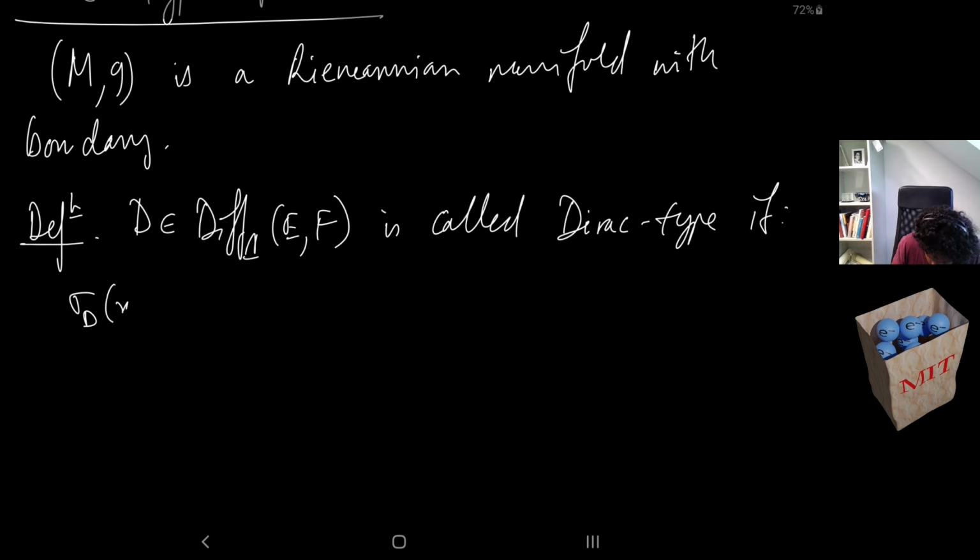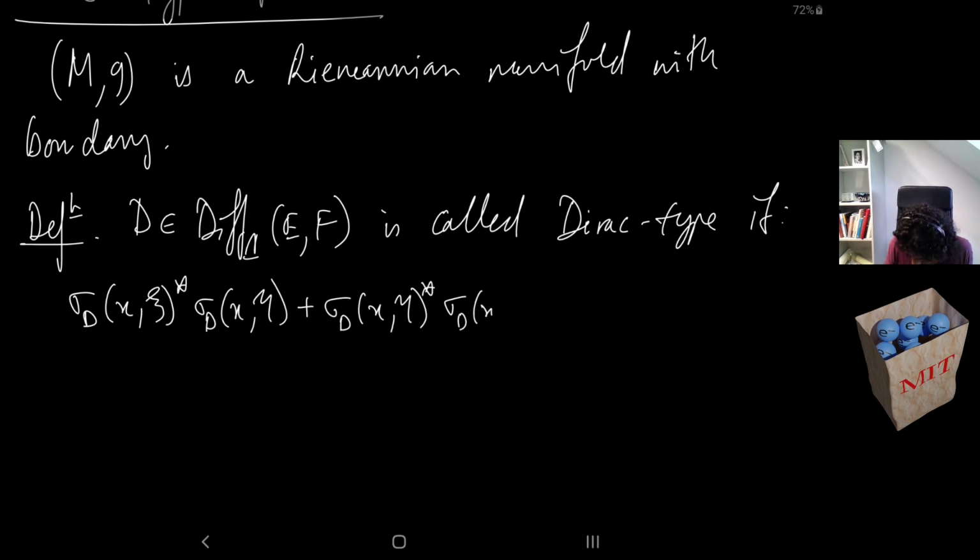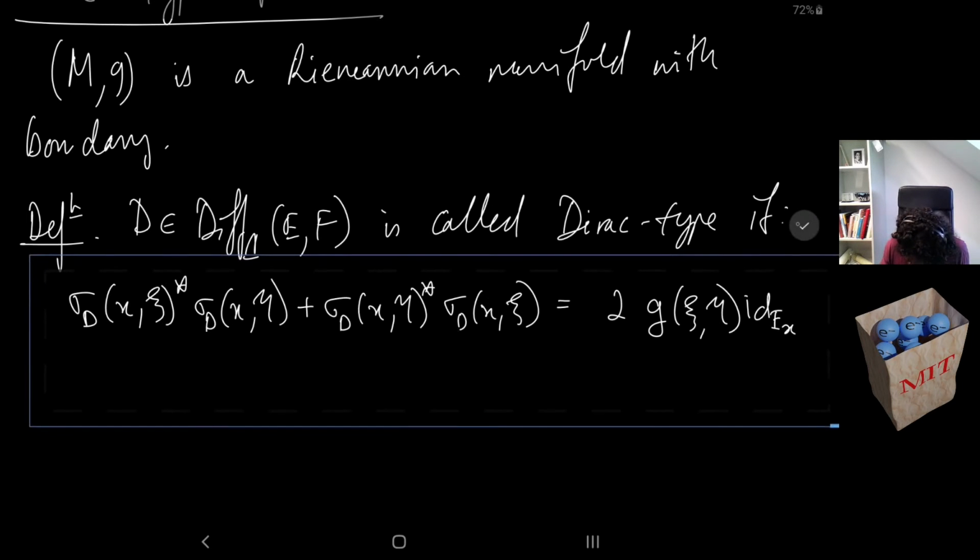So D, X, psi, adjoint... this is identity on E_X, and so now I'm going to cheat and copy and paste this.